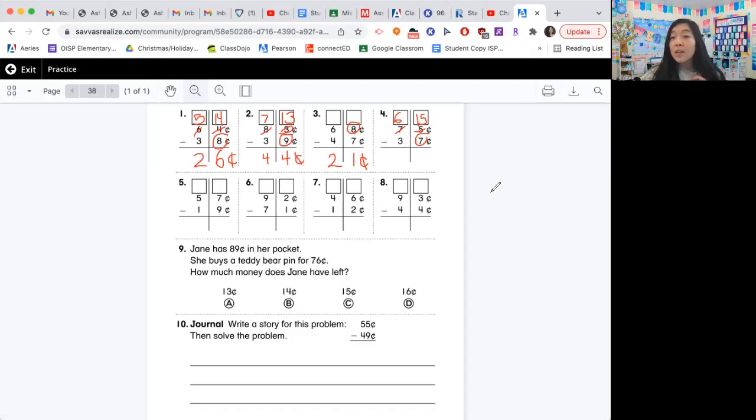So 7 plus what would equal 15? If 7 plus 7 equals 14, you need to add one more to 7 to get to 15. So what's one more than 7? What number comes after 7, Maylee? 8. 7 plus 7 equals 14. So 7 plus 8 equals 15. So that means that 15 minus 7 equals 8.